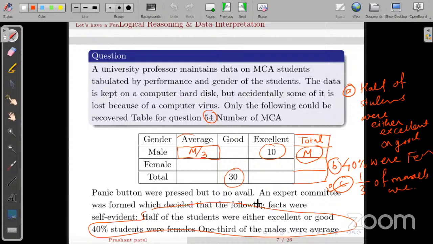I think the total number should be given somewhere. Total number is not given here. 40% of female is there.